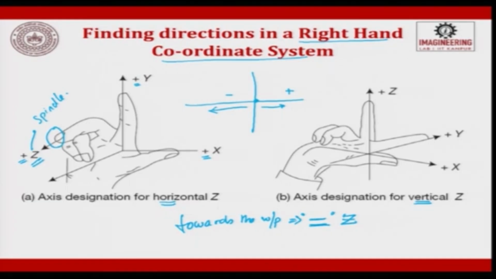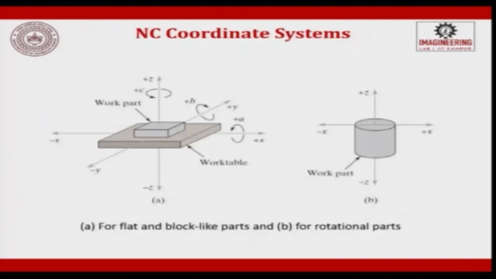This is very important. You should know this. If you do not know this, then you will randomly fix your x and y coordinates for a CNC program and you will start writing. When you take a flat workpiece resting on a work table, I told you the direction perpendicular to the plane will be Z. When it is away from the workpiece, it is positive.